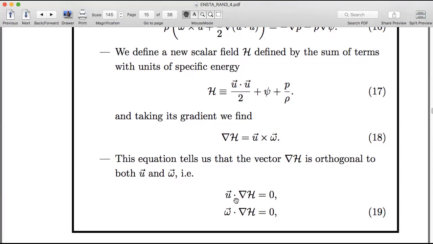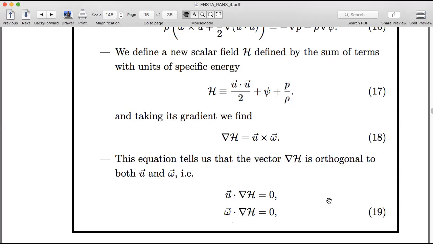As that particle moves along, it would move in the direction u, the velocity. But grad h equals 0 in that direction. So in other words, h is not changing along that direction. In other words, h is constant along a streamline.